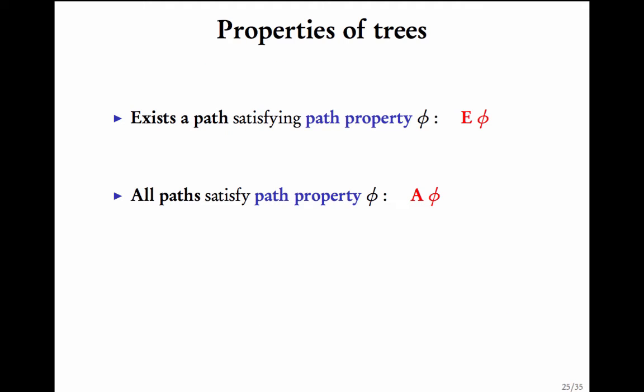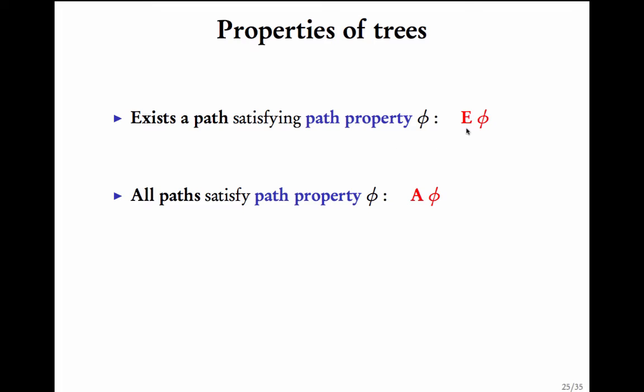So we have seen two types of properties over trees. There are two operators, A and E. When you say A of an LTL formula, note that an LTL formula is a path property. That's why I have emphasized this. When you say A of some path property, it means that all paths in this tree satisfy this path property.